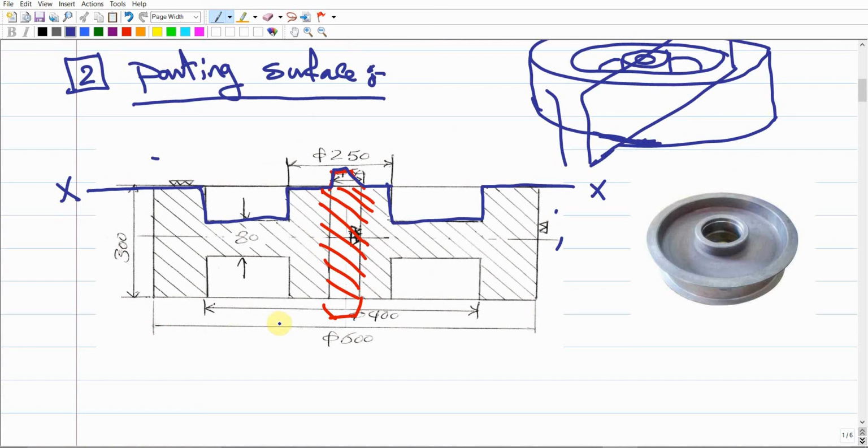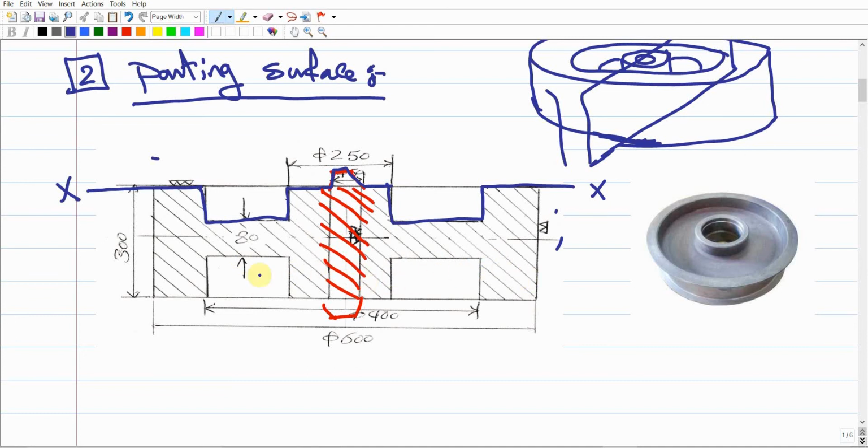And the draft means that any vertical surface that is normal or perpendicular to the parting surface should be oriented and tapered with 1 to 3 degrees to make it easy for the pattern to be removed from the sand. Make sense? So how many vertical surfaces do we have? This is the orientation of the pattern, where it should be located in the sand.